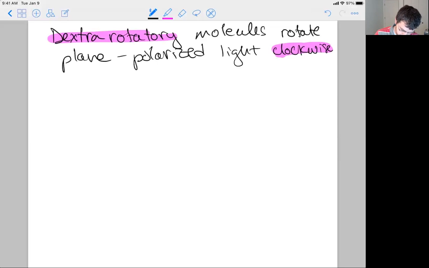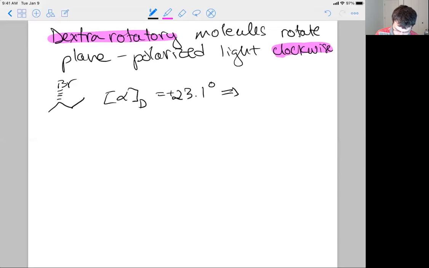Okay, so this molecule, which had an alpha D equal to positive 23.1 degrees, is the D enantiomer. Okay, I know what you're thinking. Isn't it just easier to have a plus or minus sign if we're going to go to the trouble of measuring the optical rotation? Yeah, but again, this is just used. So I thought we should be aware of it, and we'll get to examples of when it is used.